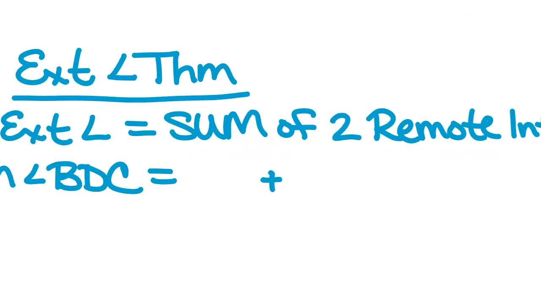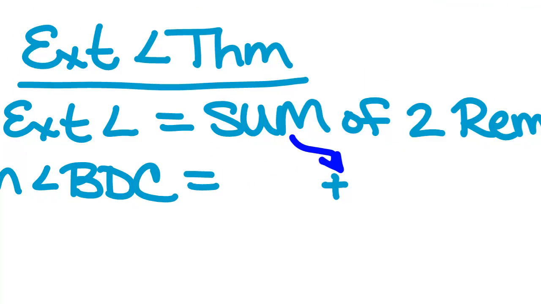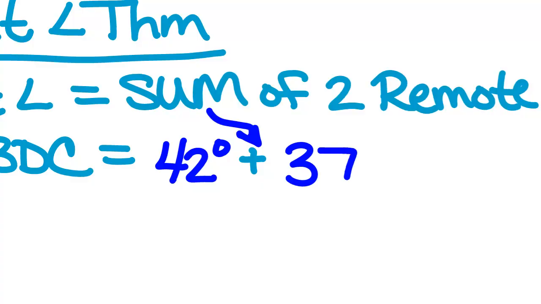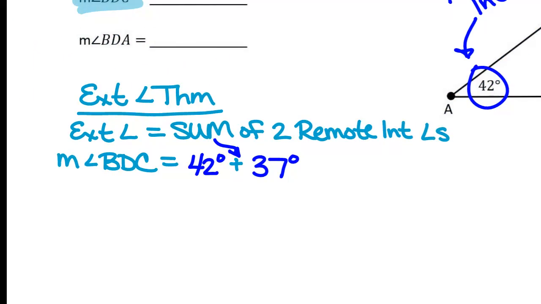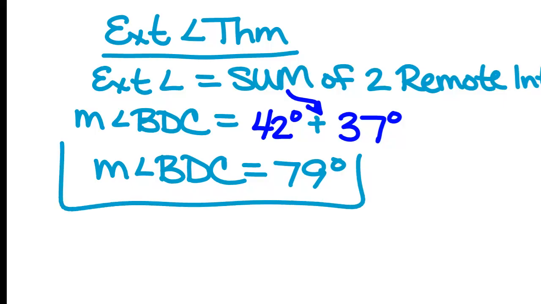What two things are we adding? 42 and 37. 42 degrees plus 37 degrees would add together to give me what? 79 degrees. So angle BDC is 79 degrees.